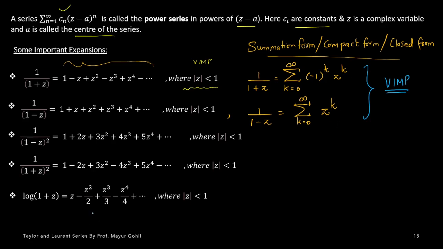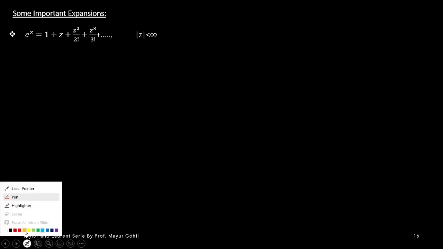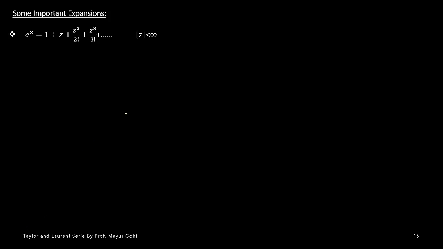Now let us see how to handle other expansions. Some other expansions are e to the power z. This expansion can also be seen with a compact form. Let me give you the compact form. The expansion here is 1 plus z plus z square over 2 factorial plus z cube over 3 factorial and so on.